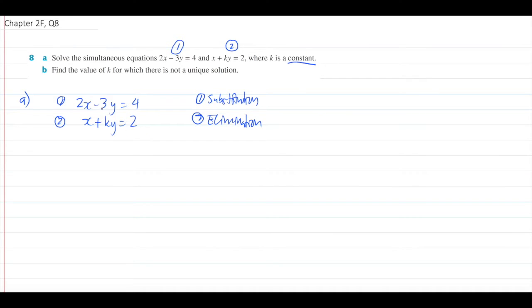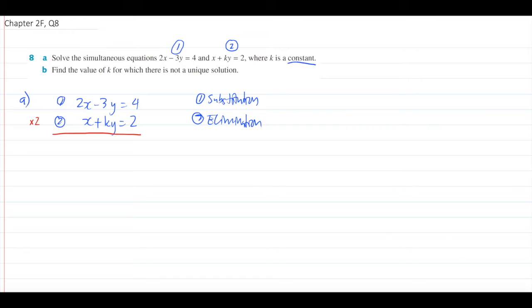Because the equations are in this format, it is better to use the second method, because all we need to do is eliminate one of the variables. And we can immediately see that x can be eliminated quite quickly. You just need to multiply equation number 2 by 2.